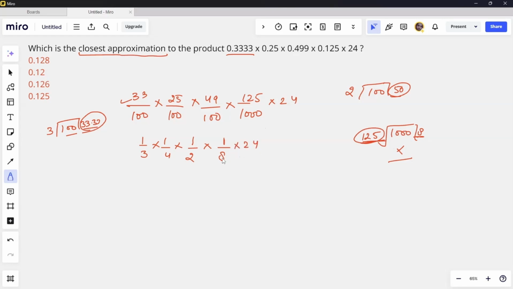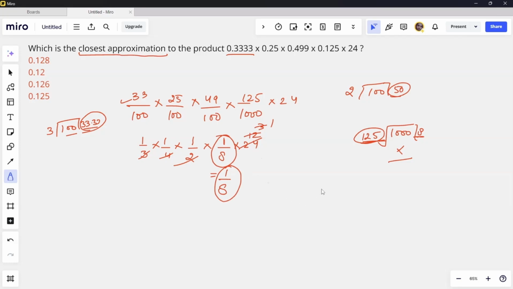Now let's try to cancel it. 2 12s are 24. Now 4 3s are 12, and 3 1s are 3. Now what do we have? 1 by 8. What is the value of 1 by 8?